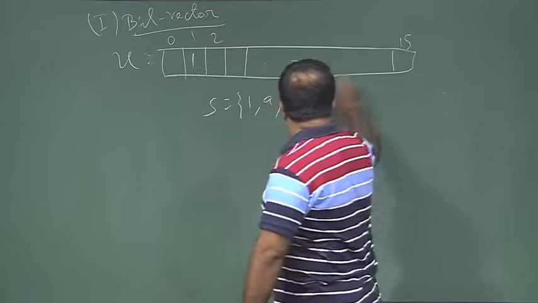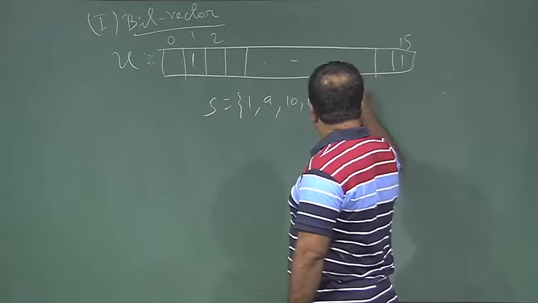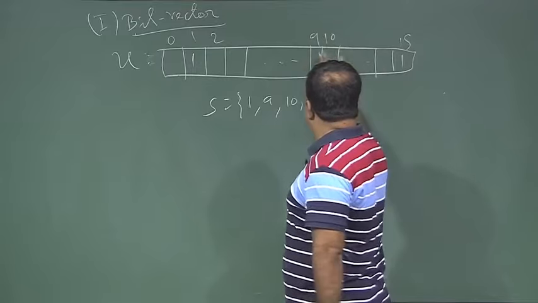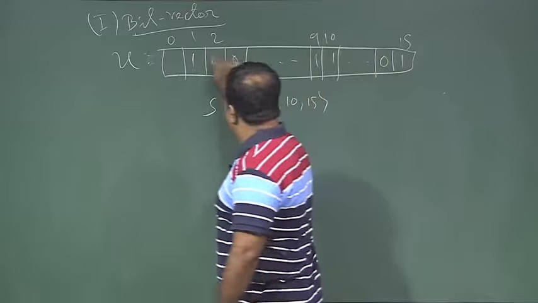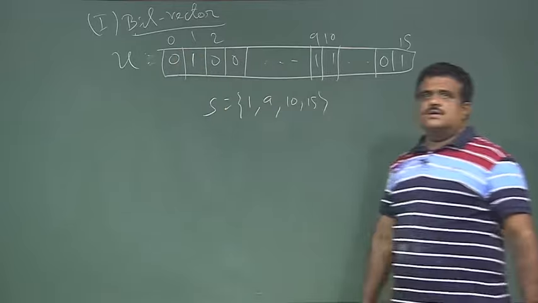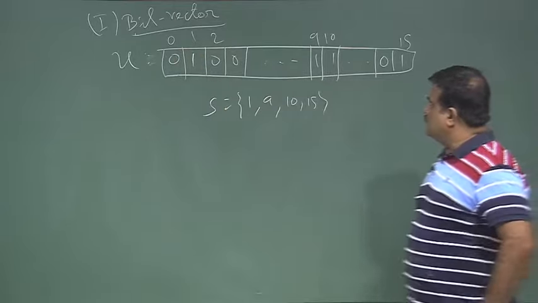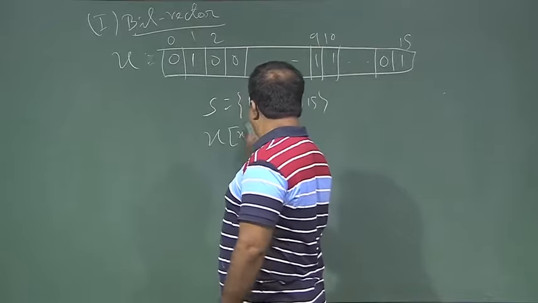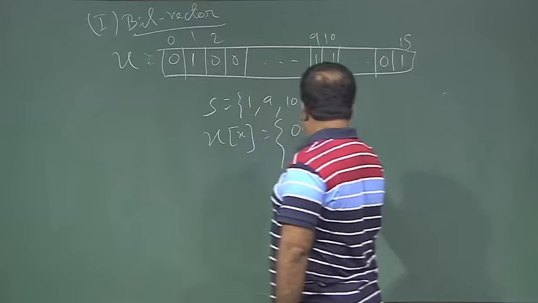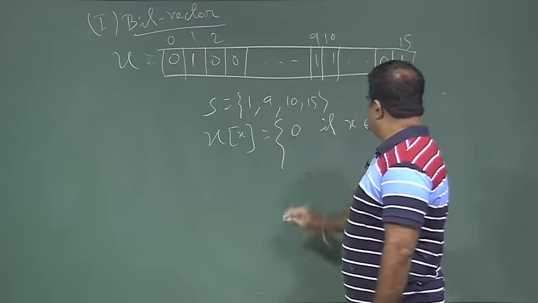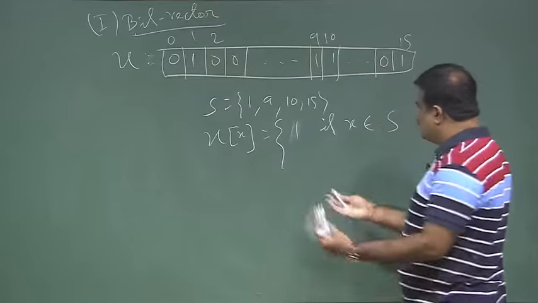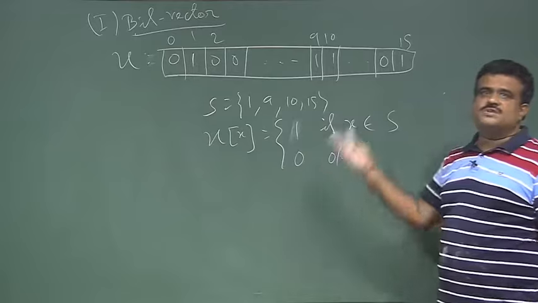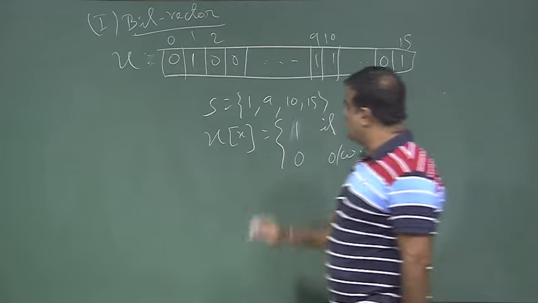So we put 1 at position 1, and 1 at 9 and 10, and so on. The rest are 0. This is just a bit vector. U of x will be 1 if x is in S, switched on, otherwise switched off.